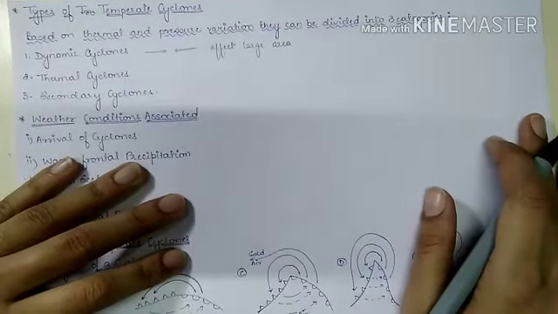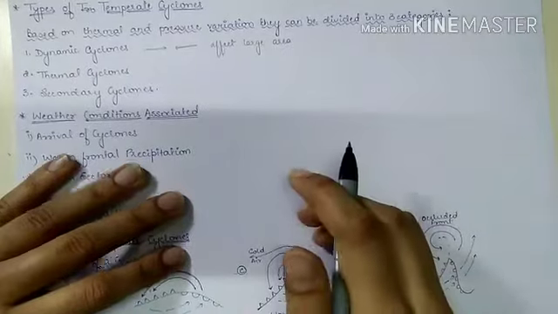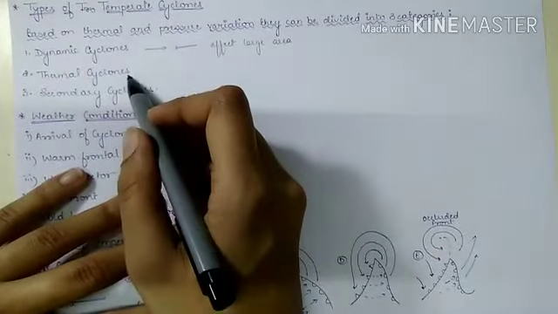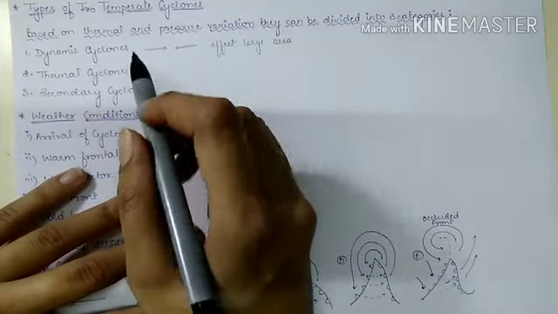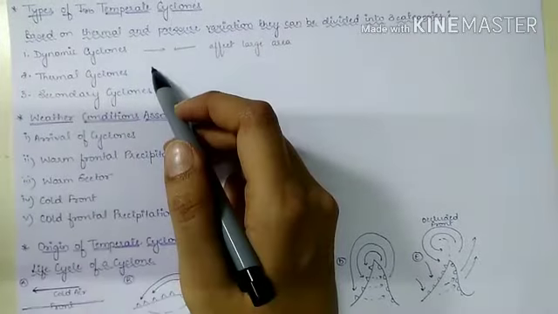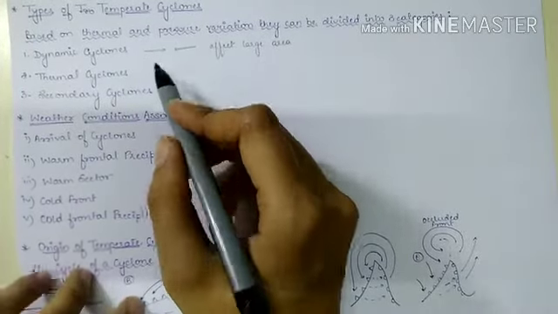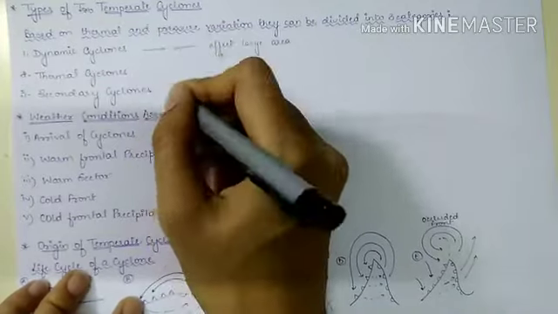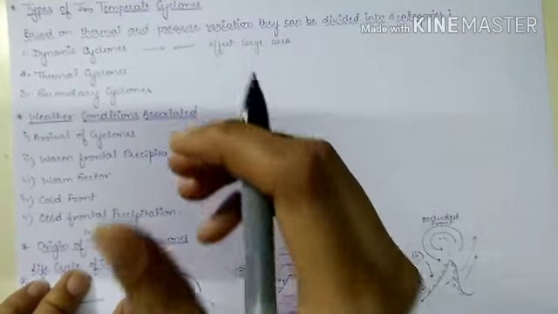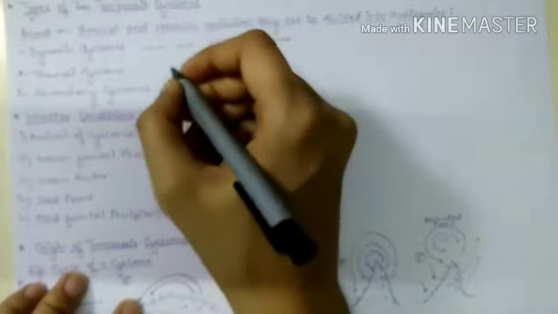Next we have thermal cyclone. Thermal cyclones are another type of temperate cyclones, and these cyclones are formed due to formation of a low pressure center.